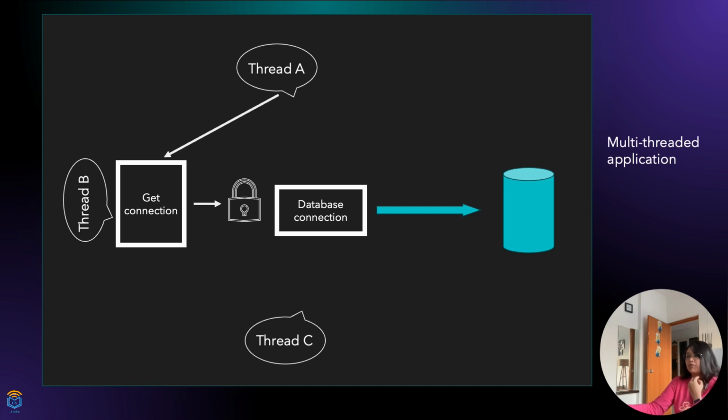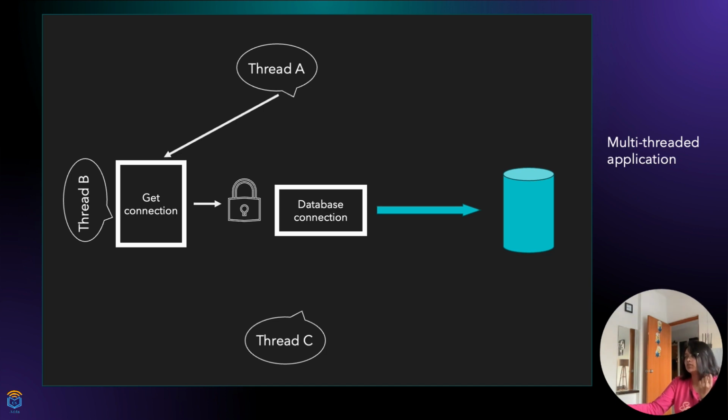In the first stage, it will fail because the connection object is still not present, and then it will try to access the lock to create the object. Now it will see that the lock is already taken by thread A, which has already seen that the connection object is not present and is now trying to create the object.